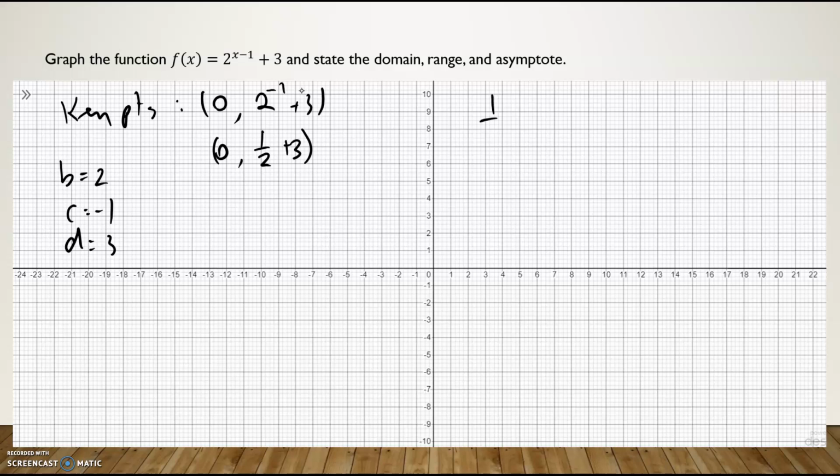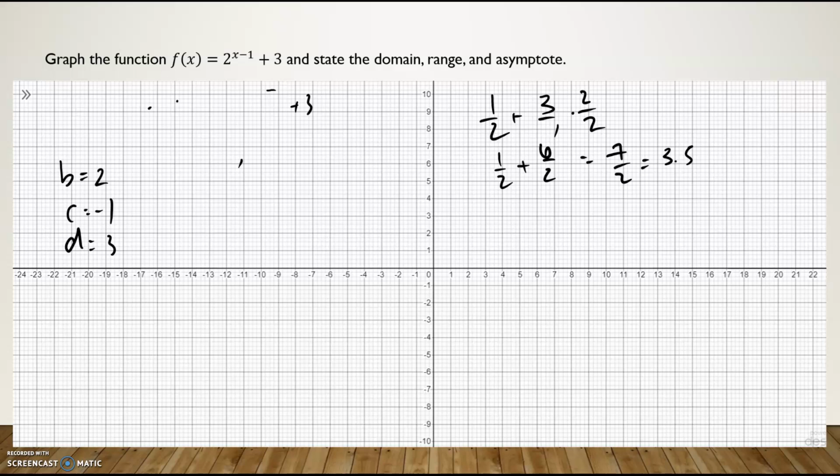I'm going to come over here, 1/2 plus 3 over 1, multiply that by 2 over 2 to get the denominators the same. So 7 over 2, which is 3.5. And we'll go ahead and write this over here. So we've got 0, 3.5.